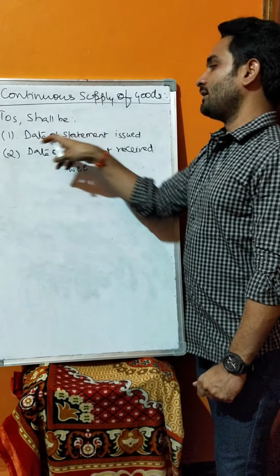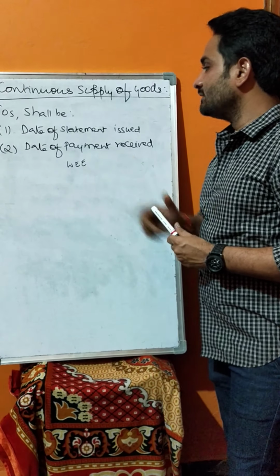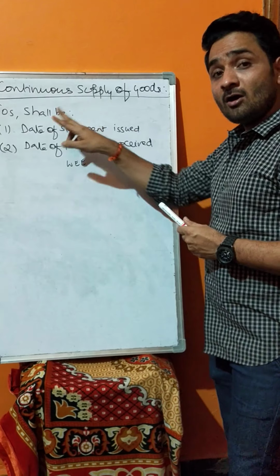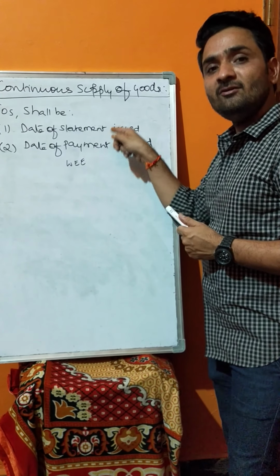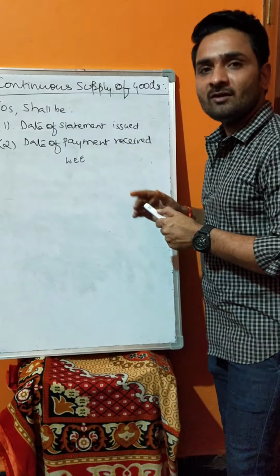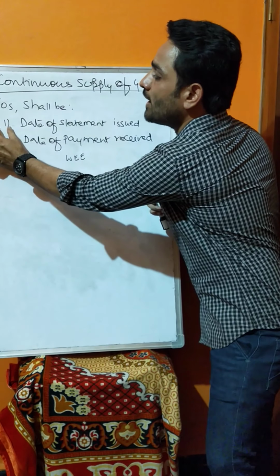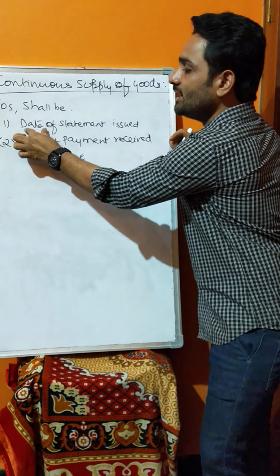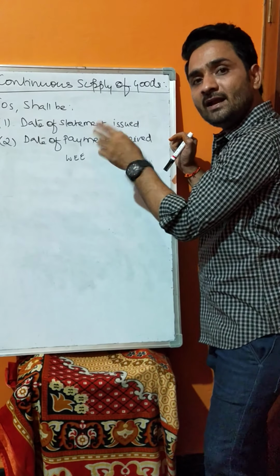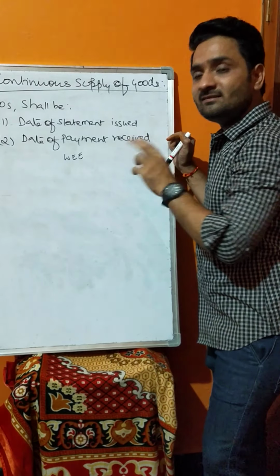But do remember, while taking point number 1, that is the date of statement, along with the date of statement, they will also mention date of issue of invoice. If both are given, then you need to make point number 1 very clear. In point number 1 only, you need to take date of statement or date of invoice, whichever is earlier.